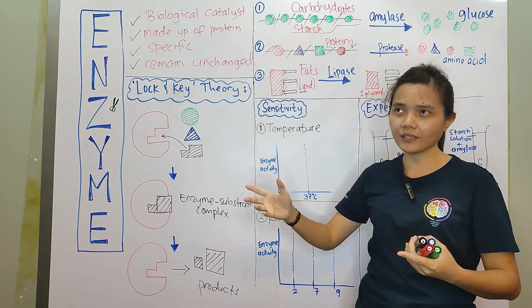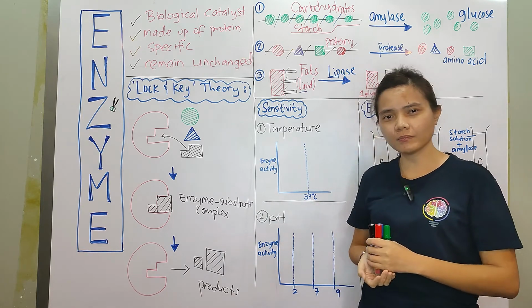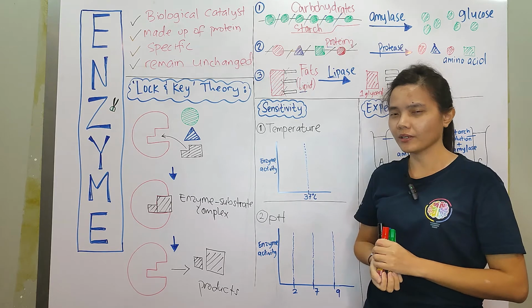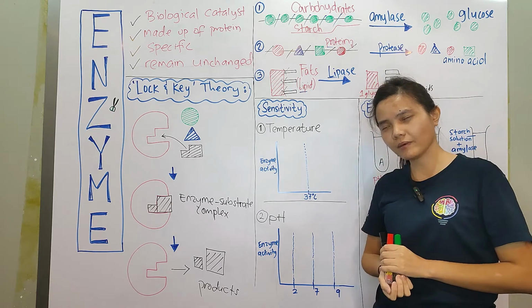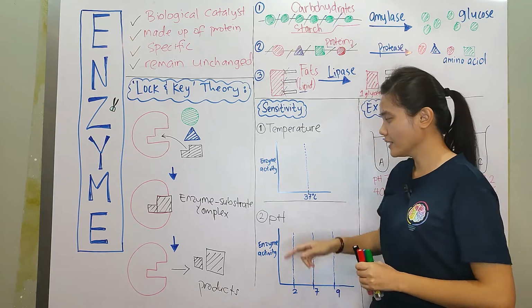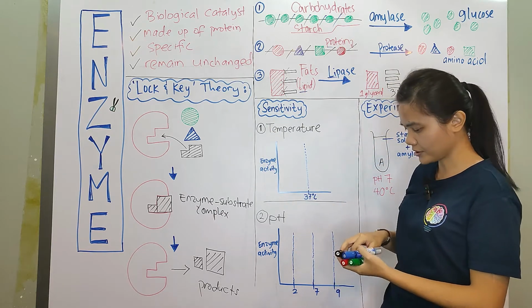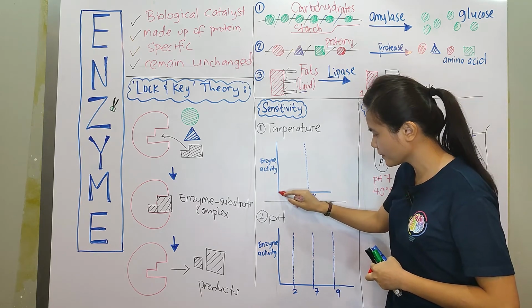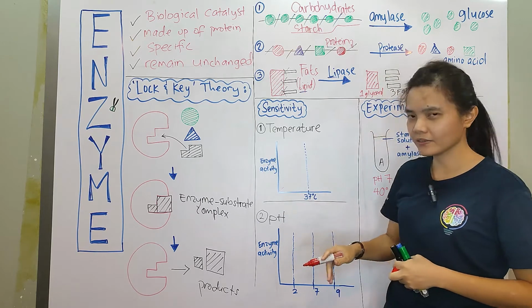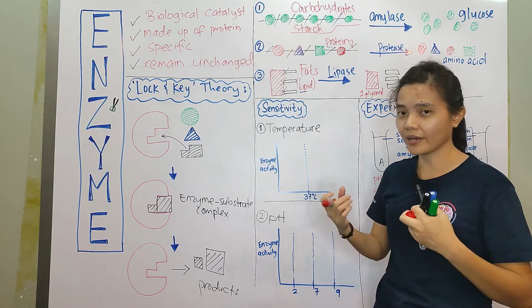It's cold and you feel very comfy to just sleep on your bed without doing anything, so you just want to sleep and become inactive. Same goes to enzyme. Enzyme at low temperature, the enzyme activity will be less because no energy.